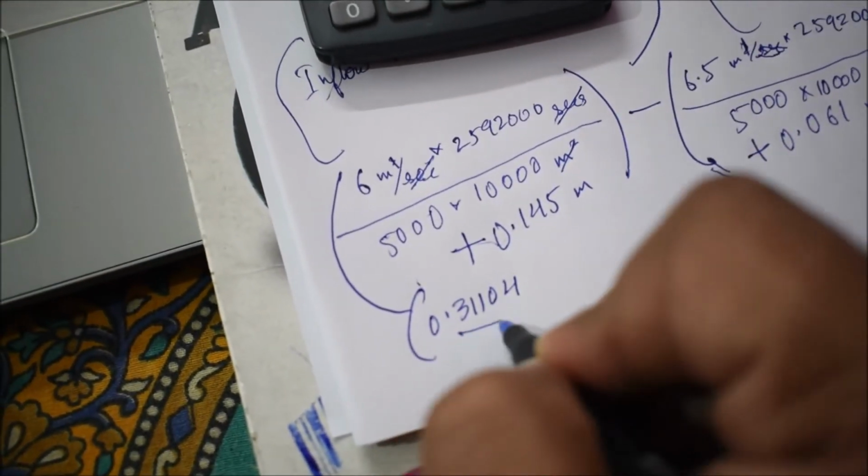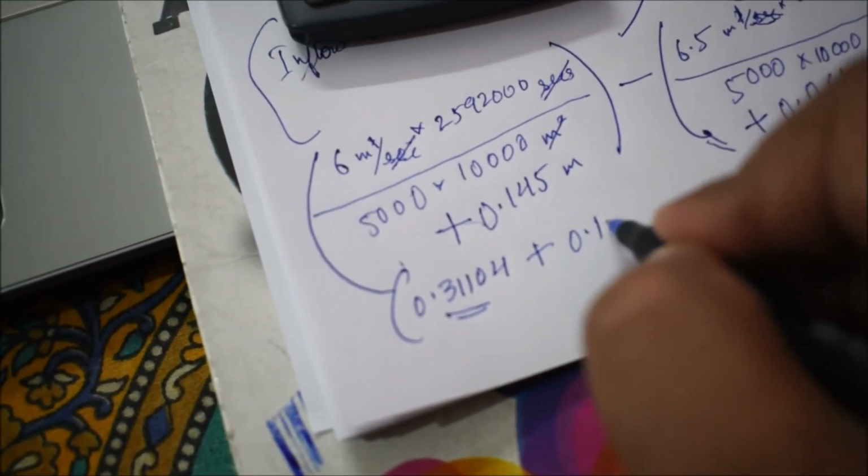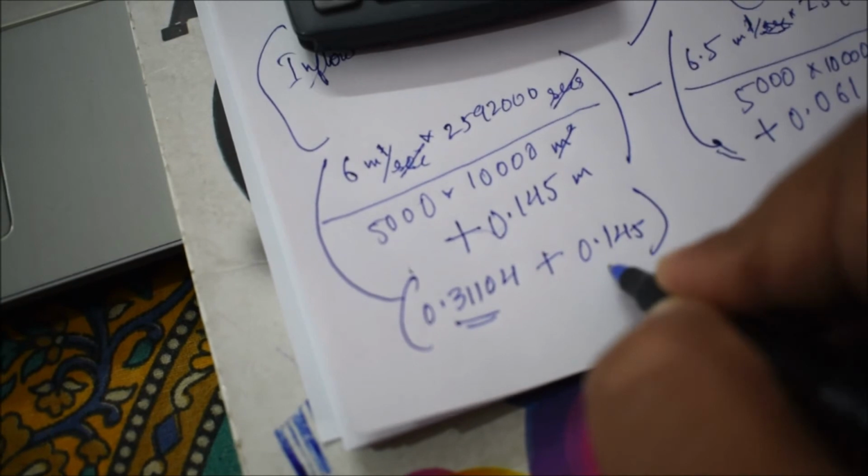This is the depth of inflow, plus 0.145 is the precipitation.